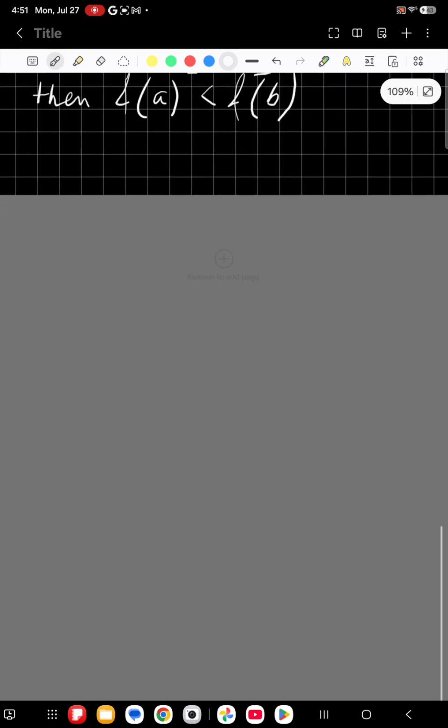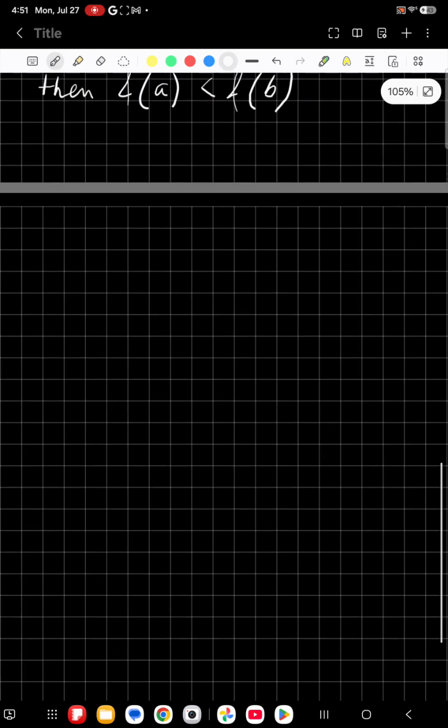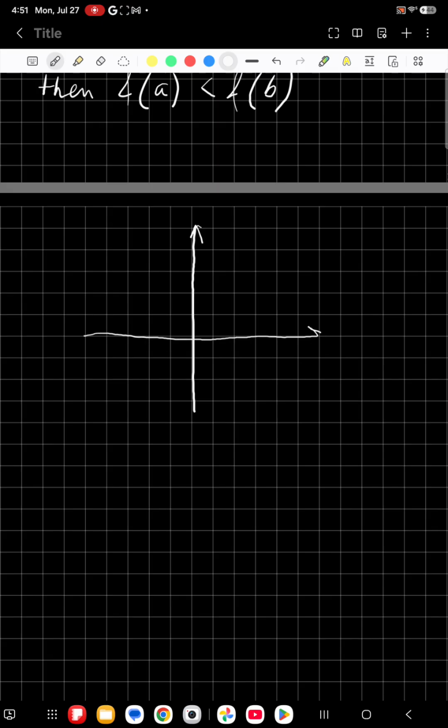Okay, so yeah, let me draw the situation. We can use that cubic function. When we talk about increasing or decreasing functions, we always talk about the interval. So let's say I have my a, or this could be b.